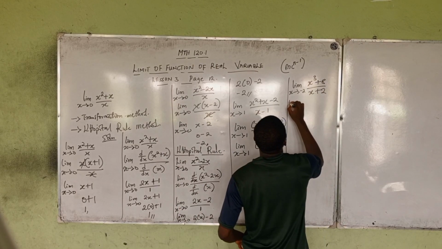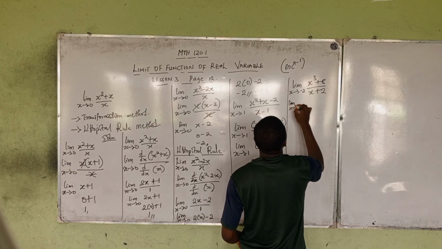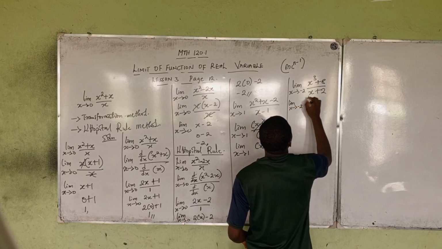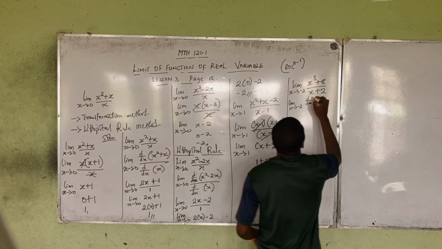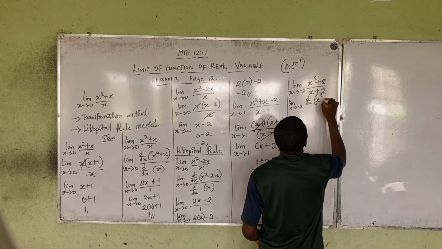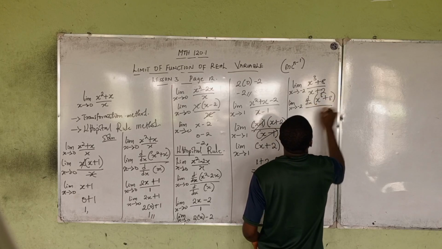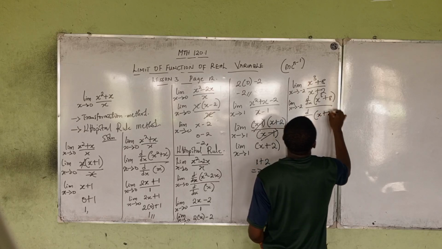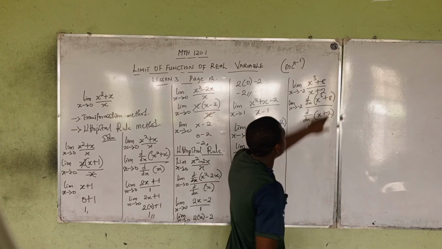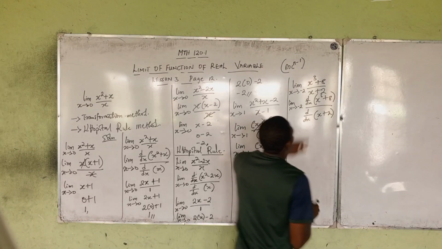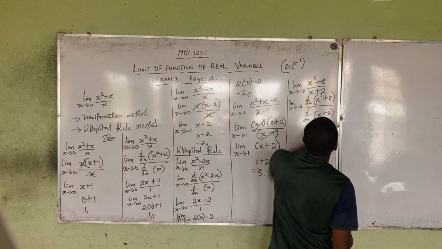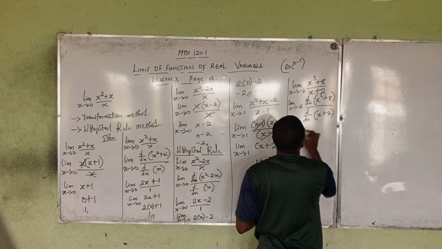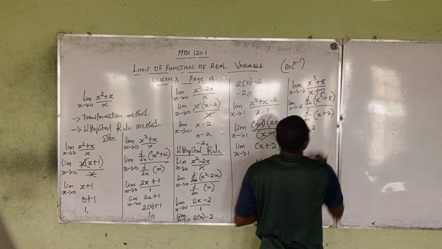So you simply have the limit of x tending to minus 2, the differential of x cubed plus 8 divided by the differential of x plus 2. Now, if you differentiate x cubed plus 8, you simply have 3x squared.